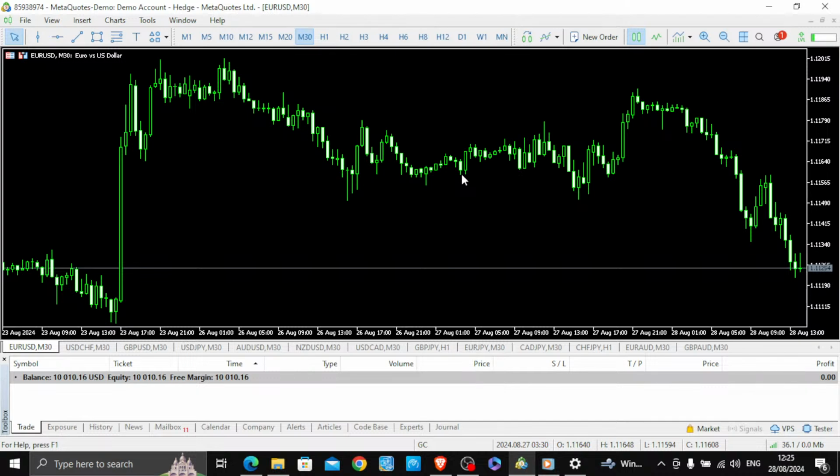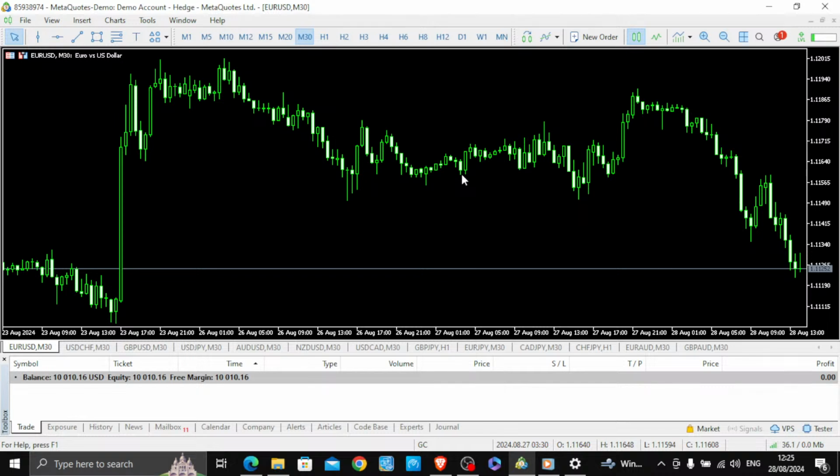There are some people when you check their chart, you see a lot of indicators looking like cobwebs. By so doing, the person may not understand exactly, it may be too confusing.